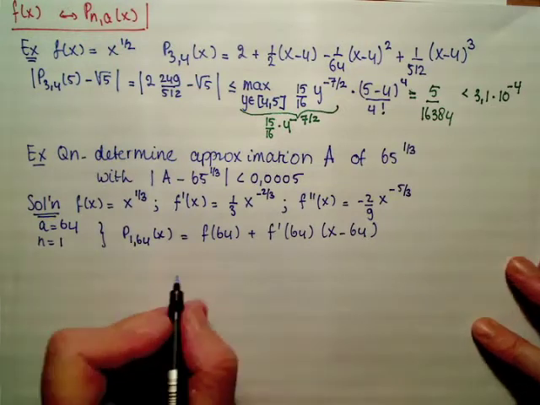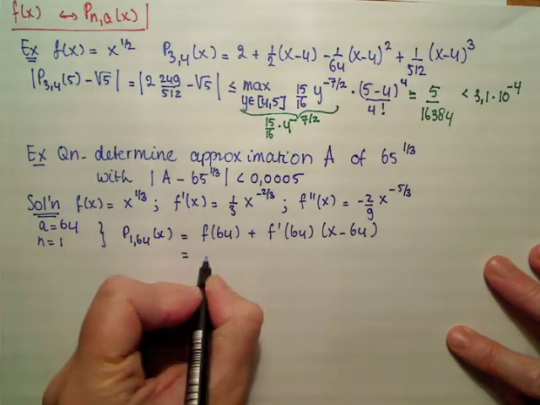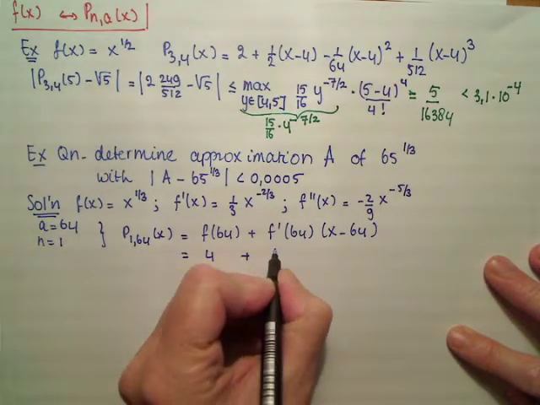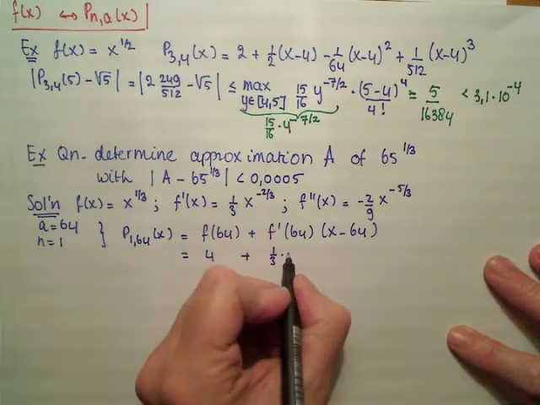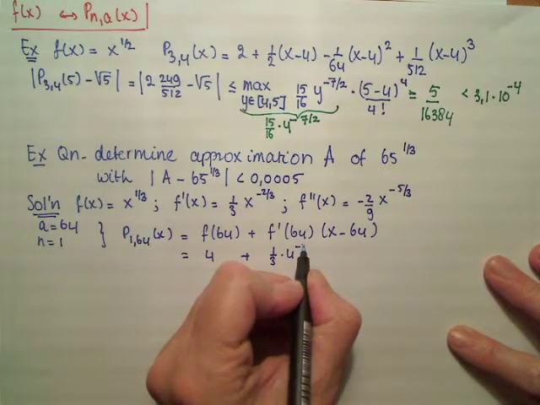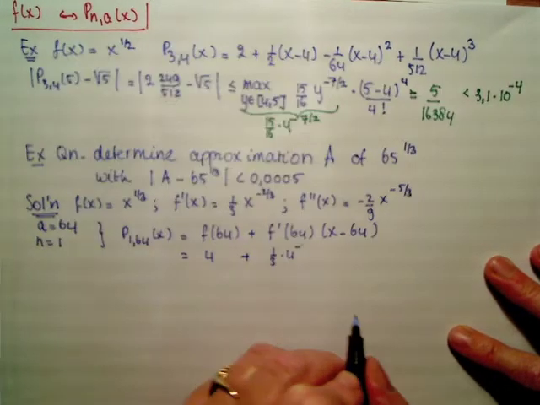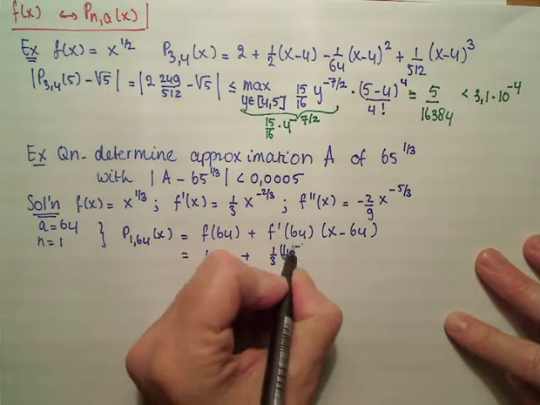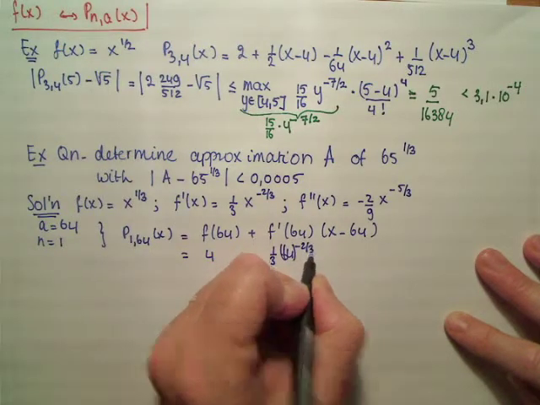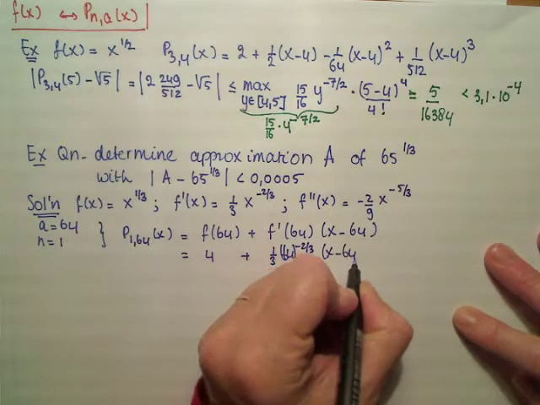And if we compute that, then we get 4 plus 1 over 3 times 64 to the power minus 2/3 multiplied by x minus 64.